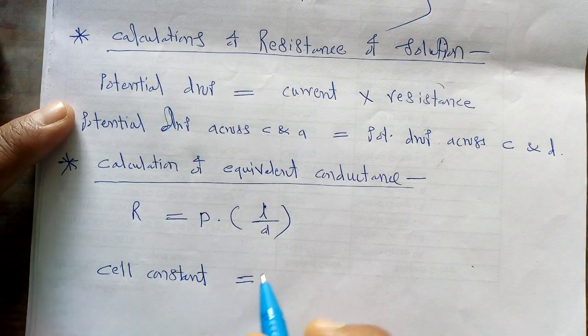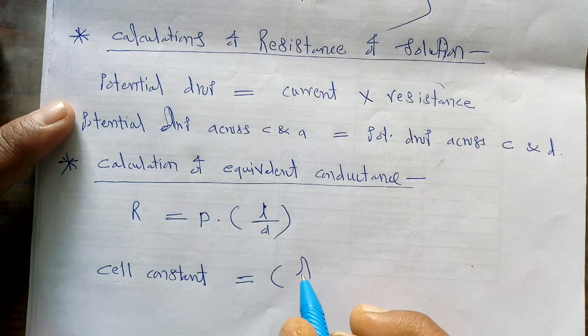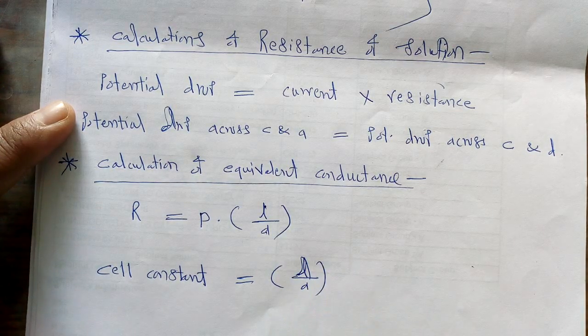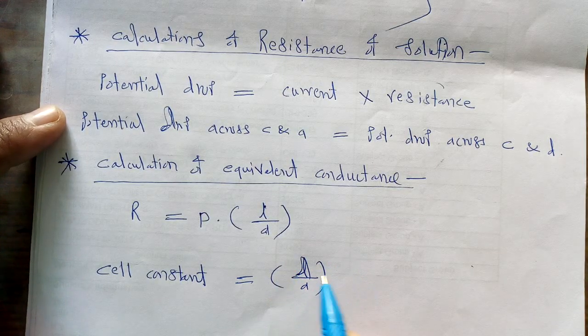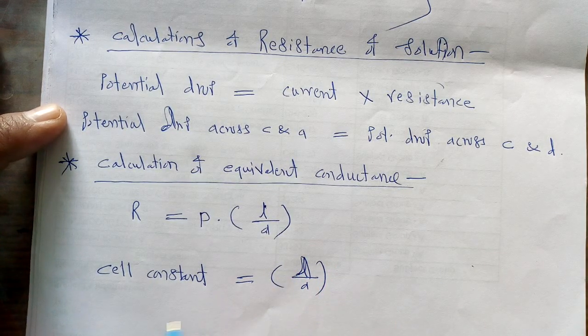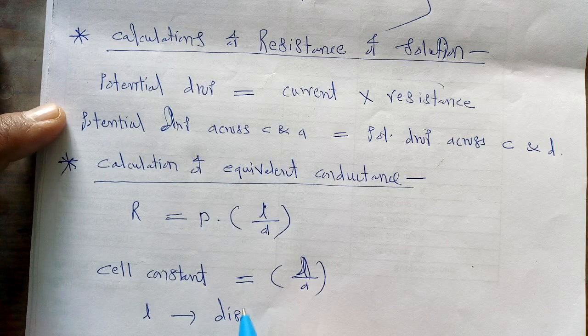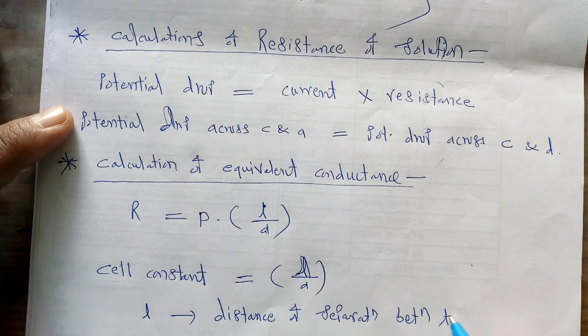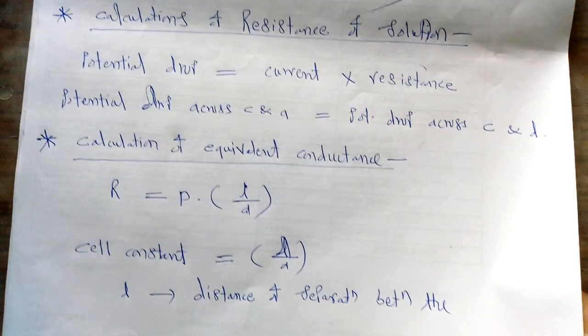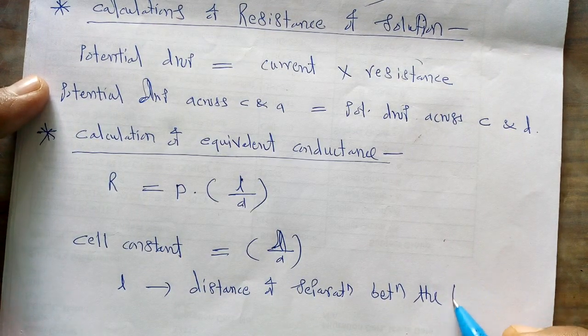Cell constant is equal to L divided by A. So what is meant by this L, and what by this A? In this case, L stands for the distance of separation between the two electrodes.